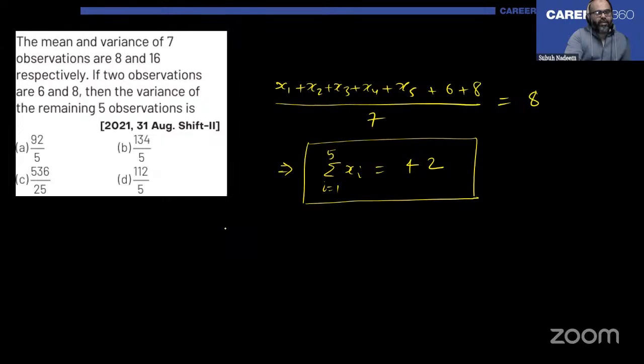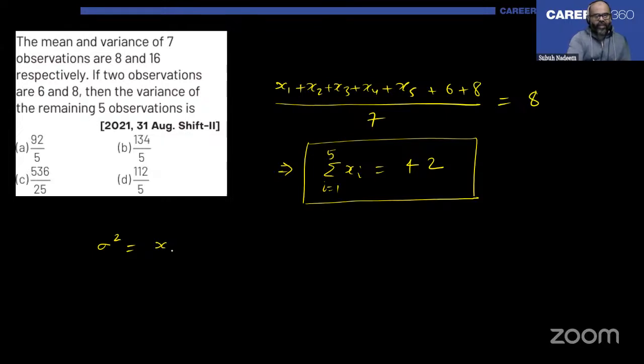Another is the variance. So what will be the variance? Variance sigma square is sigma of xi square by n.